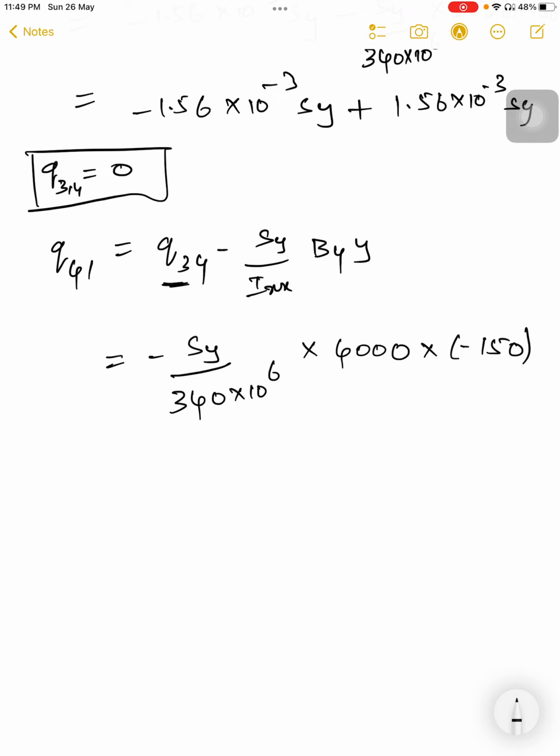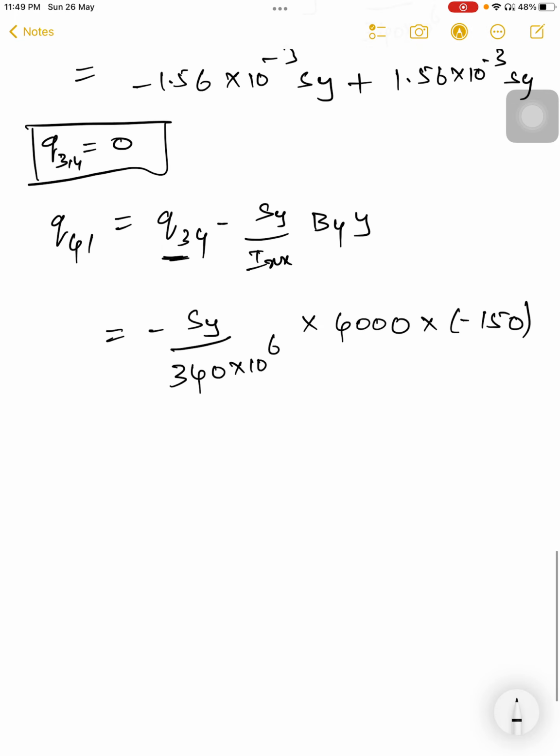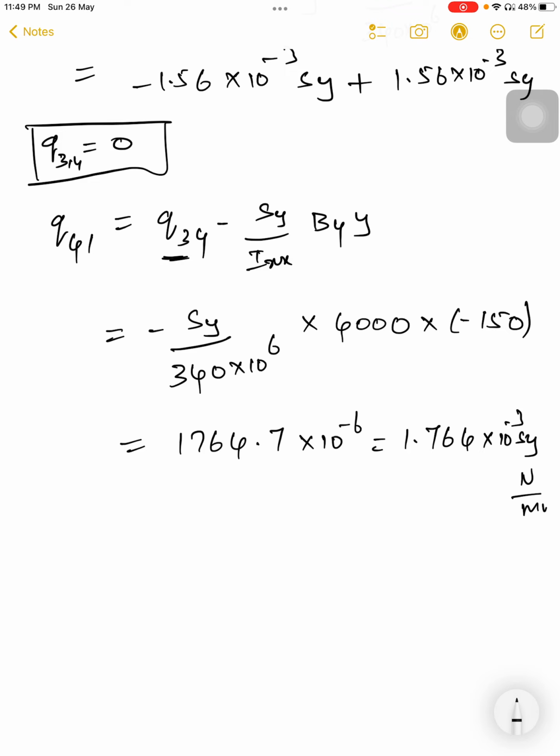On resolving this one, we will get 1764.7 into 10 power minus 6, or 1.764 into 10 power minus 3 Sy. The unit is Newton per mm square.